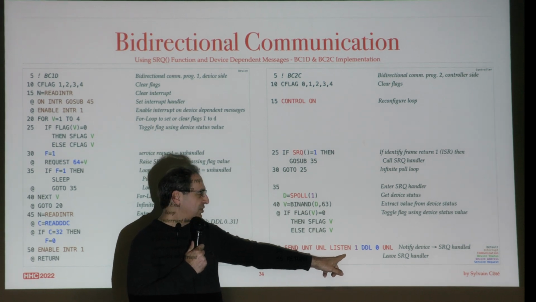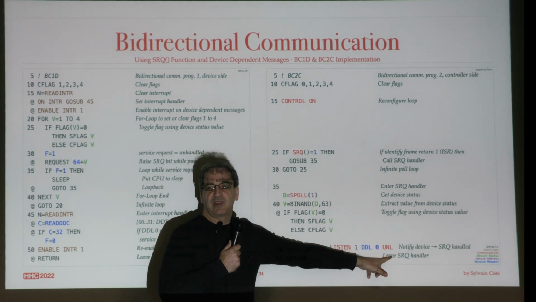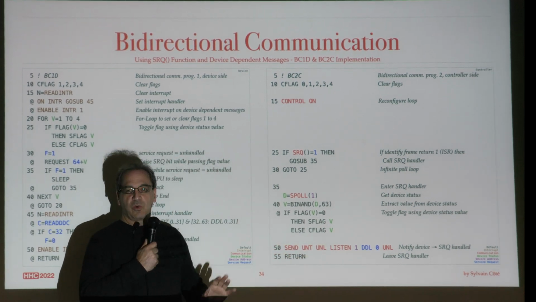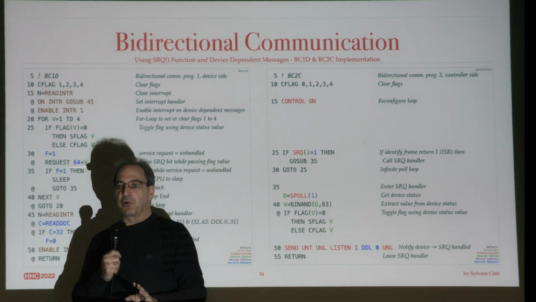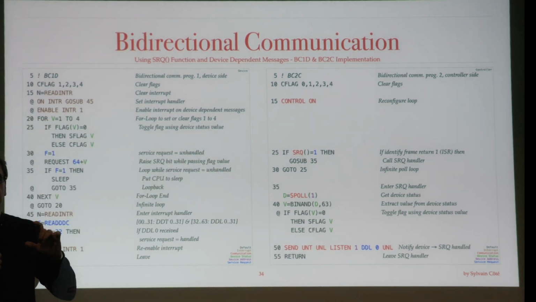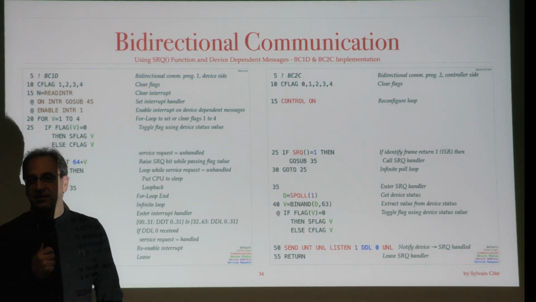So I'm sending the message listen 1, and I'm going to send the DDL0 and reset it, saying you're not listening. Once the message is sent, I'm resetting the listener. There's no more listener. That's a way for the controller to send the ACK.